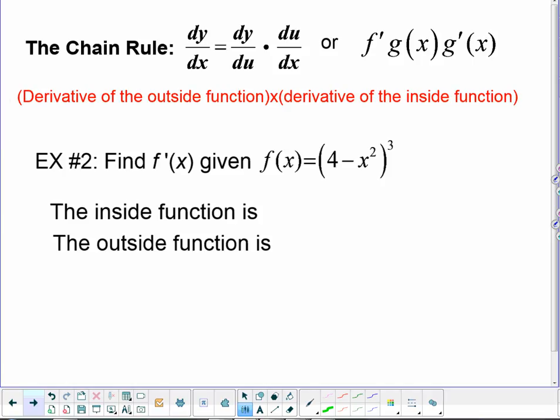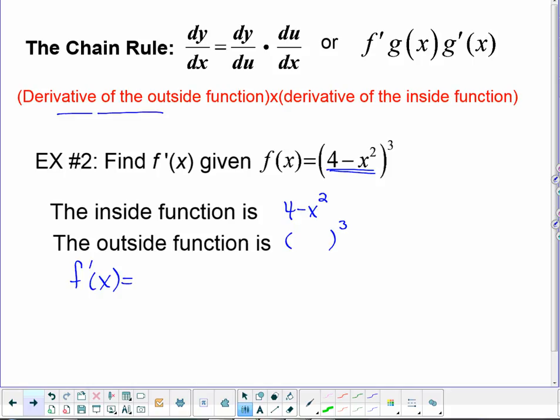Let's find the derivative of this one. What is our inside function? Well, on this one, here's my inner function, 4 minus x squared. My outer function is taking something and cubing it. F prime of x is equal to, let's take the derivative of the outer function.